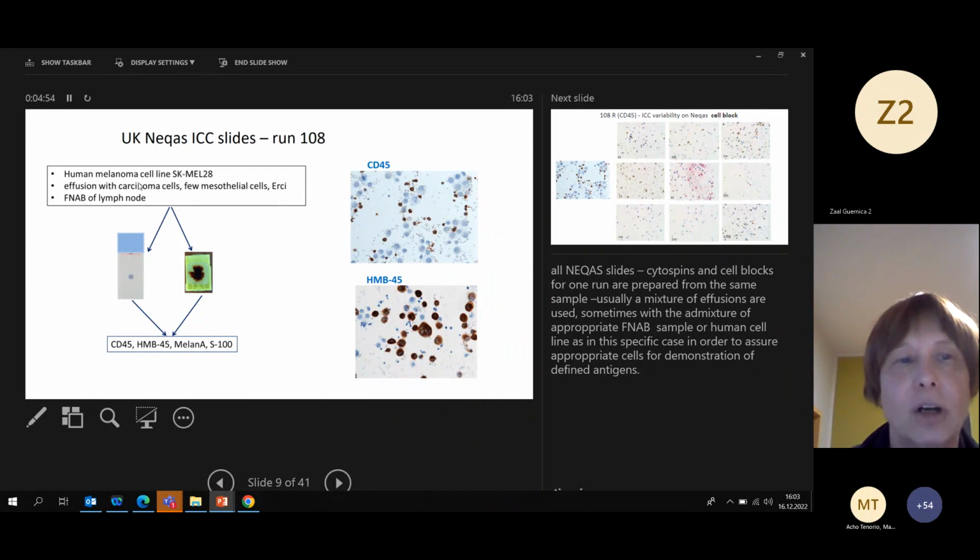So from this mixture, cytospins and cell block sections were prepared and sent to participants with a request to demonstrate CD45 and one of the melanoma markers.